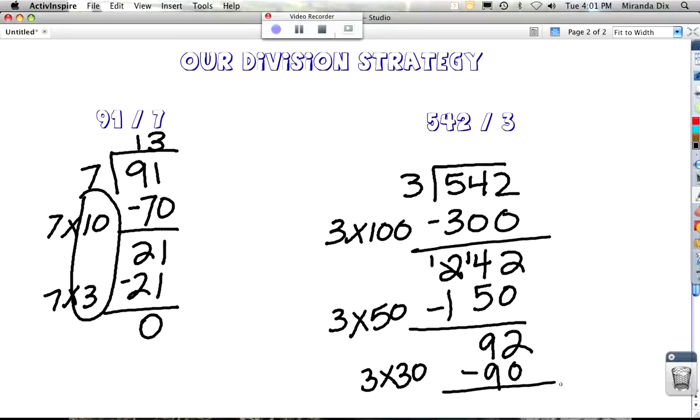If I take 90 away from 92, I'm left with 2. Now, I can't take any more groups of 3 out because there's less than 3 left, and we know that those are our remainders. Before we get to the remainders, though, we need to add up how many total groups of 3 we were able to take out of 542. 100 plus 50 is 150, plus 30 is 180, with 2 remaining.